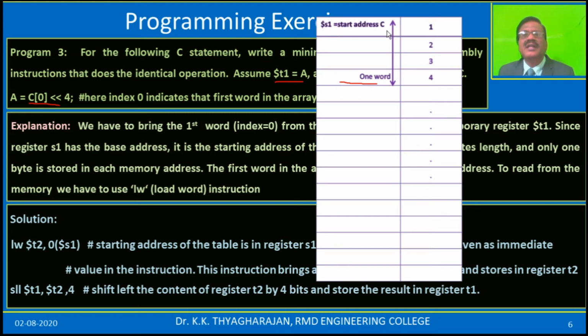From this address, you have to read one word, that is 4 bytes. Since this address starts with 0 offset with respect to the base address, you have to write the load word instruction like this.